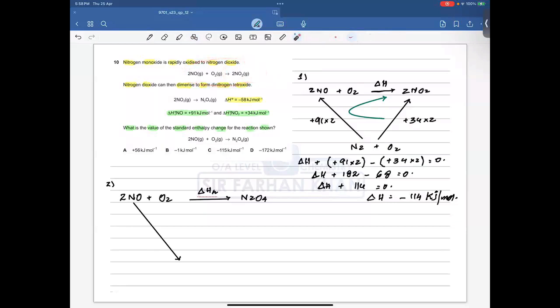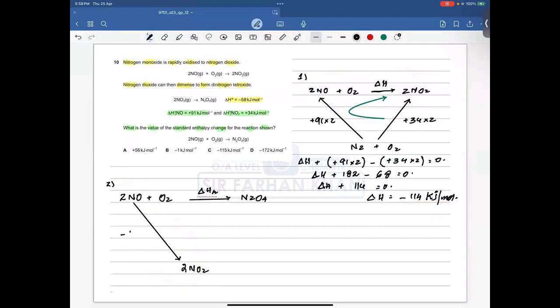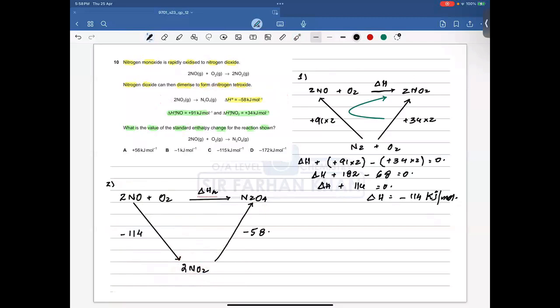All right. In this equation, NO is converting into NO2, and we have got the value, which is minus 114. Then NO2 is converting into N2O4 according to this, and its value is already given, that is minus 58. Okay. Now arrange the arrow.